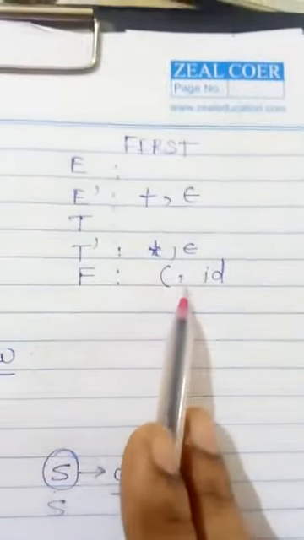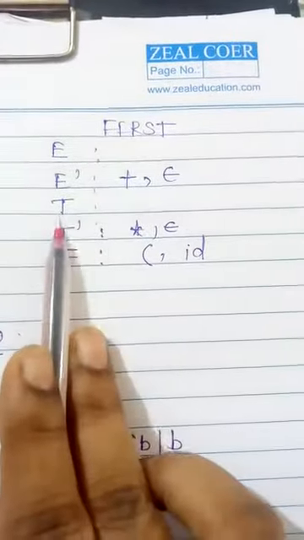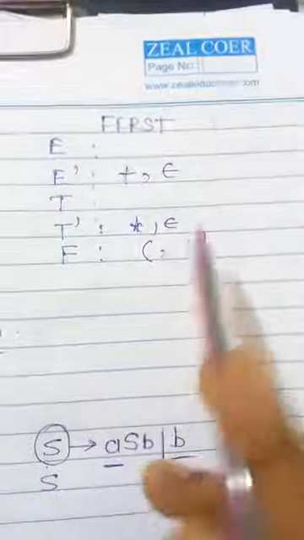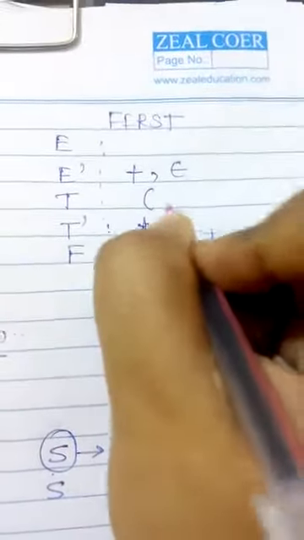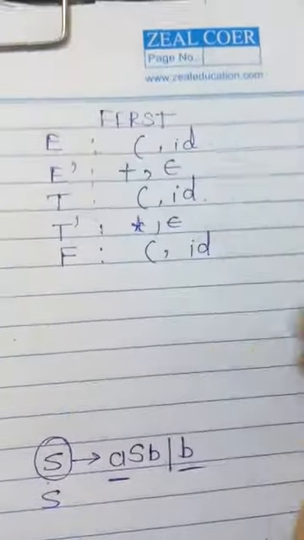So first of F is opening bracket and ID. So now first of T will always equal first of F. So it will again equal opening bracket and ID. Similarly, first of E equals first of T. So again it will be equal to opening bracket and ID. So this is how we obtain first for the given production.